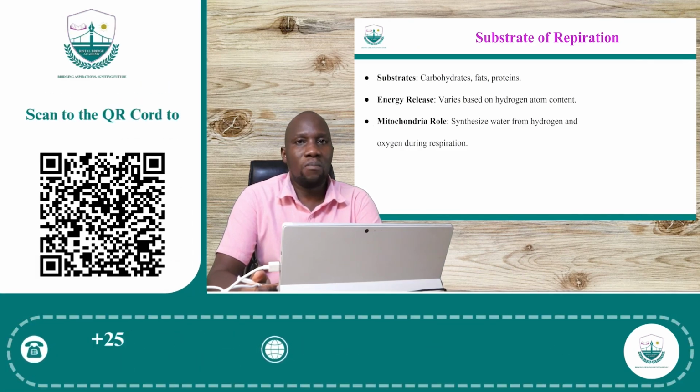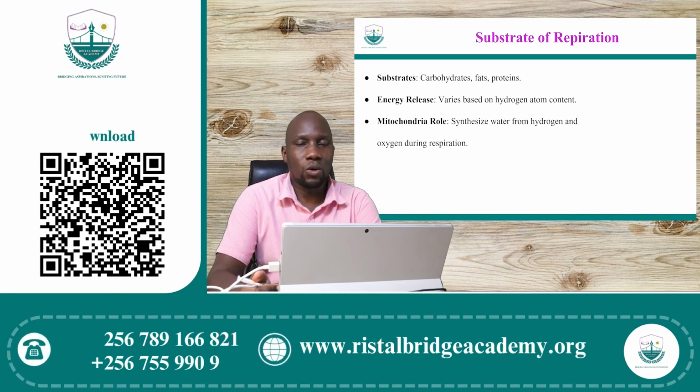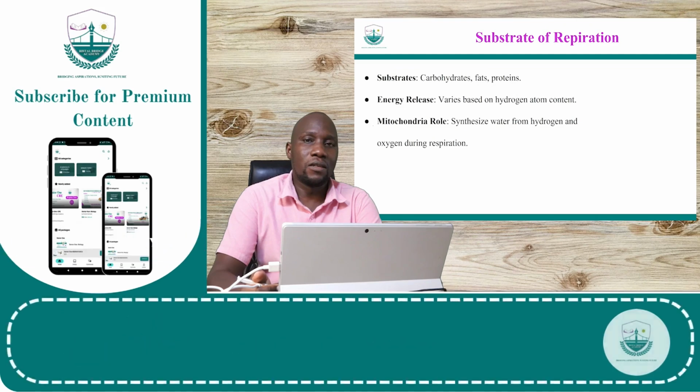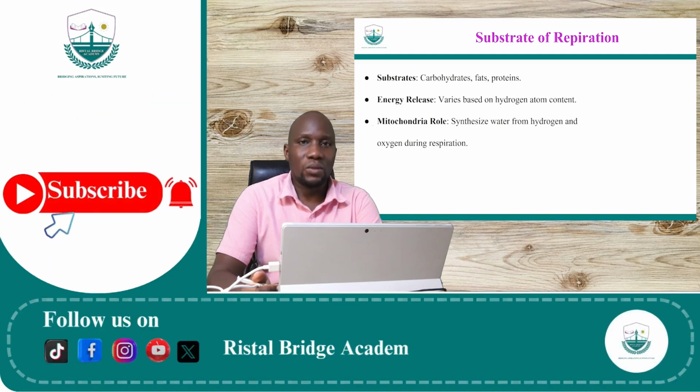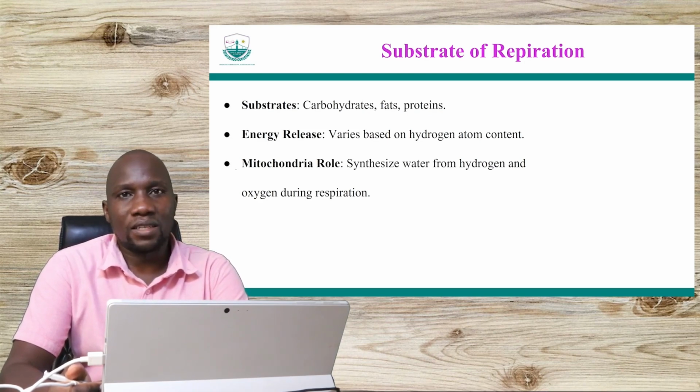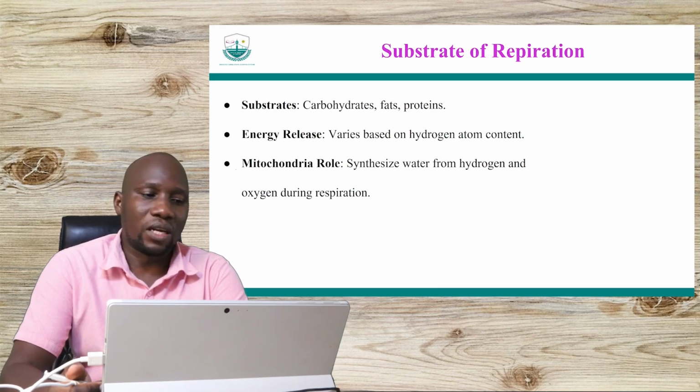We earlier mentioned the food substrates or the food substances. In the breakdown or the oxidation of these food substances, primarily we break down carbohydrates, so basically glucose, but that doesn't mean that fats and also proteins cannot be broken down.